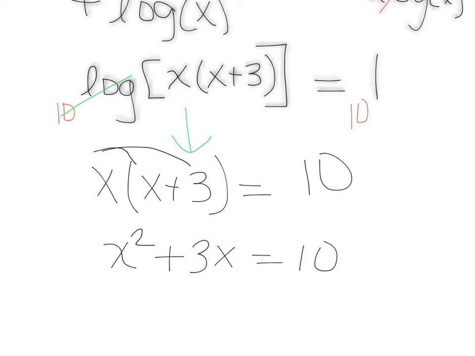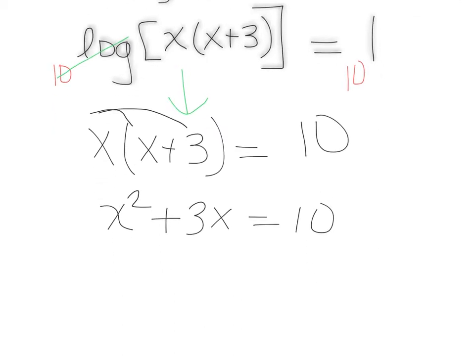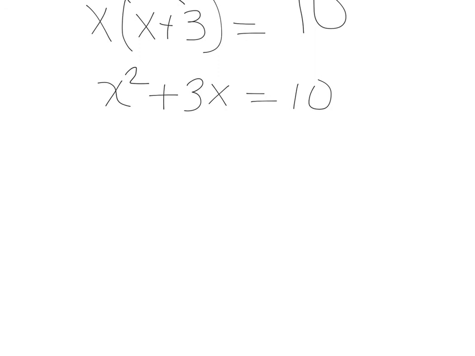And so this is quite interesting. Let's go ahead and move up just a little bit more. Okay, now I've got a quadratic that hopefully I can factor. Let's take a look. x squared plus 3x minus 10 equals 0. I've got, let's see, factors of negative 10 with a difference of 3.